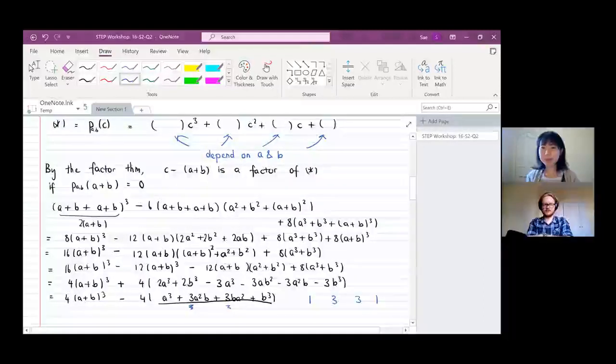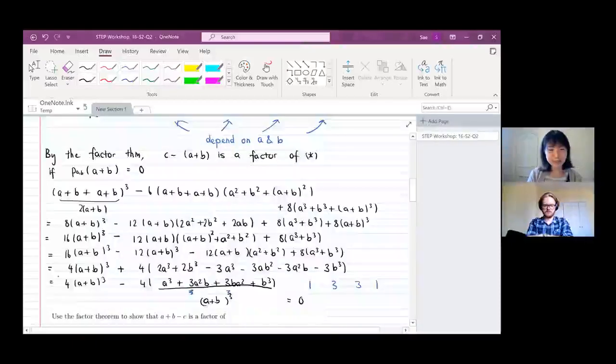And if you know your binomial coefficients, which it's always good to know, this is a plus b cubed here. And so great, we have a 4(a plus b) cubed minus a 4(a plus b) cubed, which is 0 as we wanted. So this is 0, and therefore, oops, I've run out of space. a plus b minus c is a factor of star.